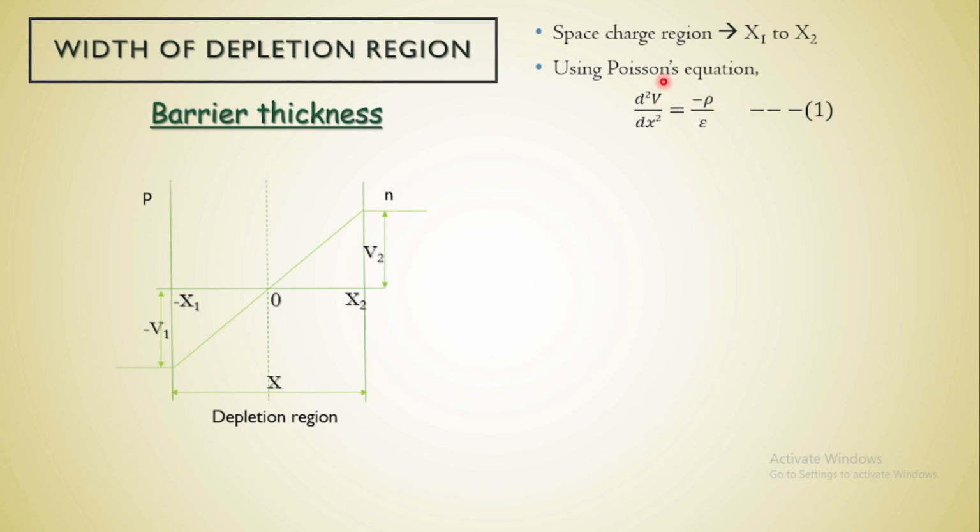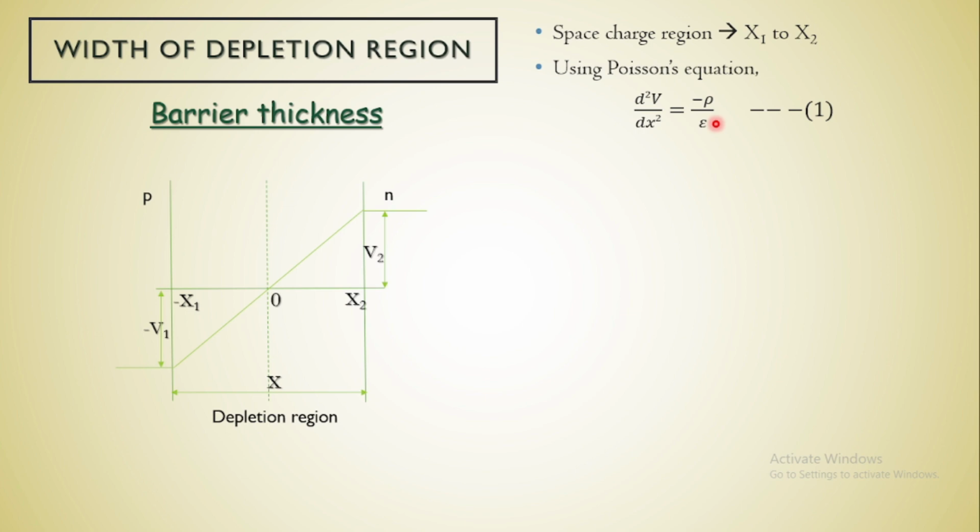So in equation number 1, V is the potential, rho is the charge density in the material, and epsilon is the permittivity of the material. And this is the Poisson's equation in one-dimensional simple case when the voltage is going to vary with respect to the x direction, that is along the length of the crystal.